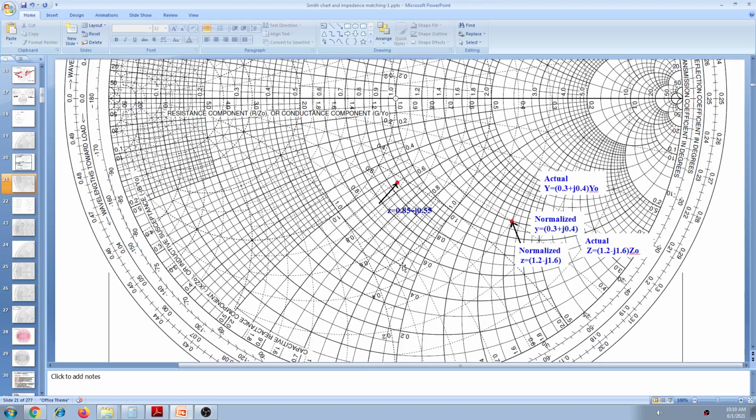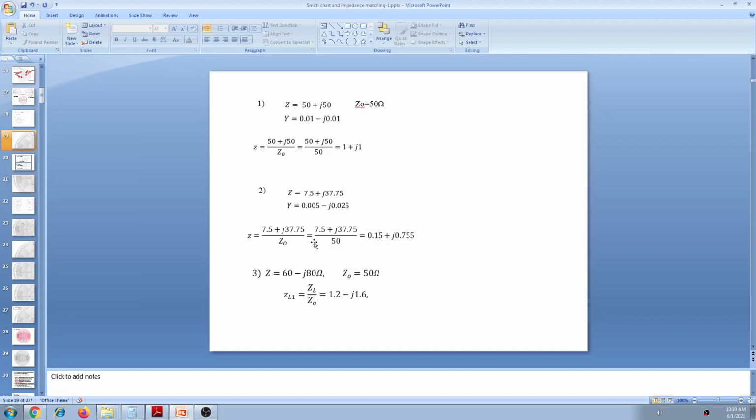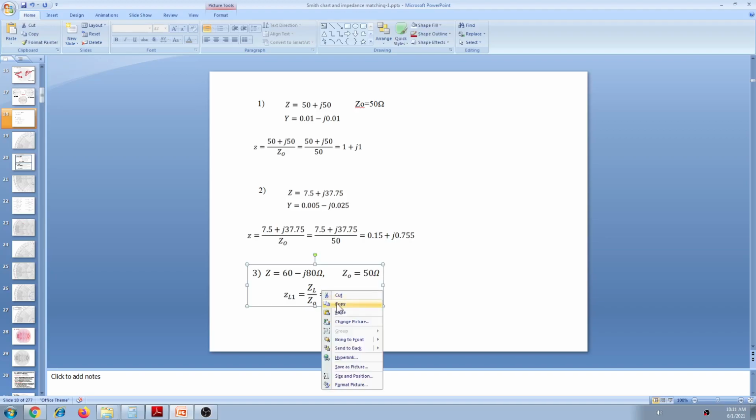We got the impedance value 1.2 minus j 1.6. See here, 60 minus j80, if you divide by 50, we got 1.2 minus j 1.6.